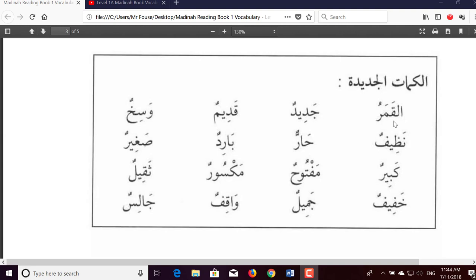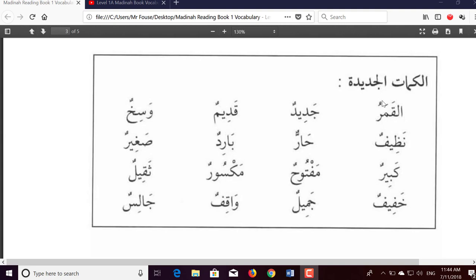The first one that we have here, we have qaf with a fatha, mim with a fatha, and then a ra with a dhamma. So we have qa, ma, ru, qamaru. The reason why we don't have the tanween here is because of the alif lam. When you have alif lam, then you do not pronounce tanween.